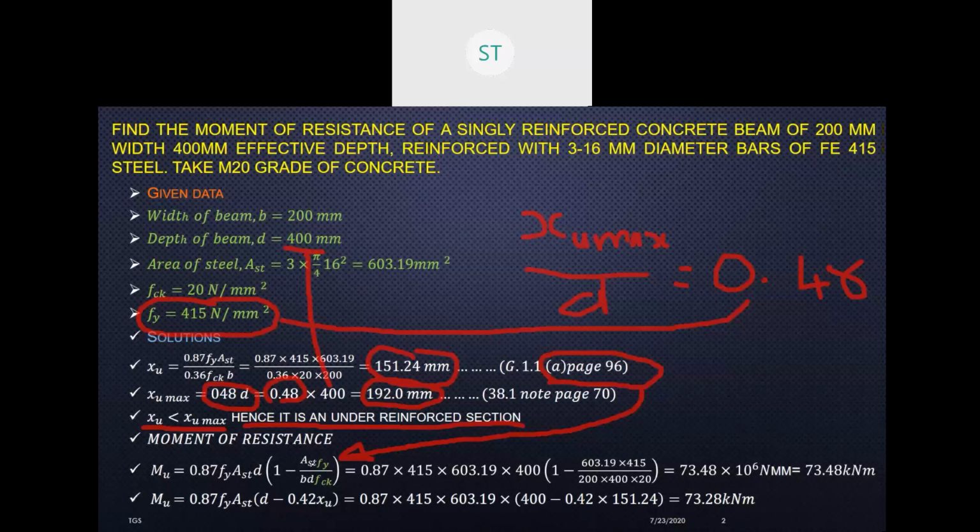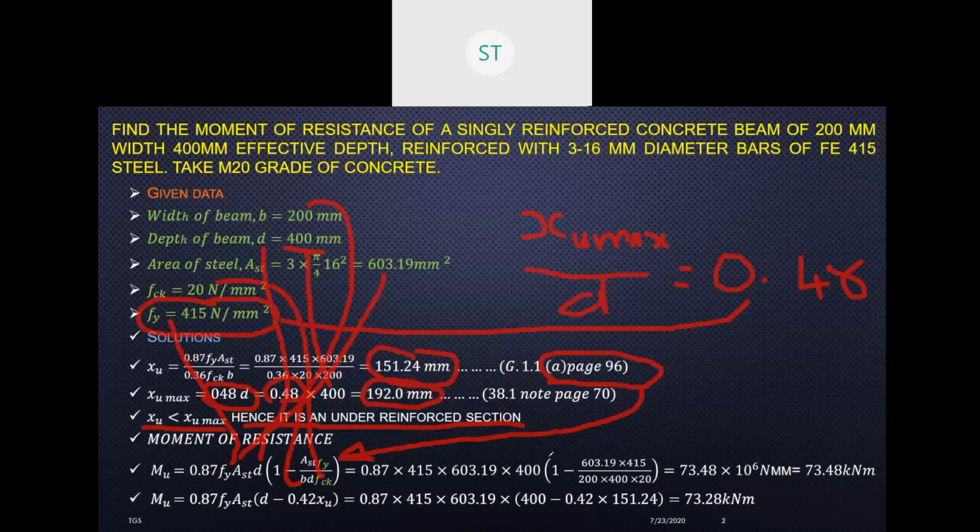So values of Fy, 415, and then AST, we know AST, d we know, then again AST Fy, and b, put the b and d same, then fck.